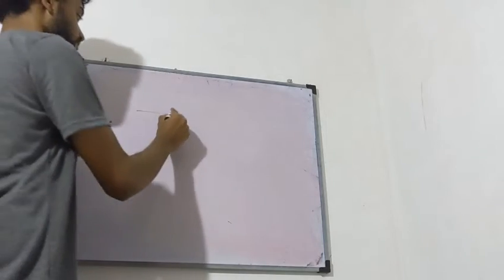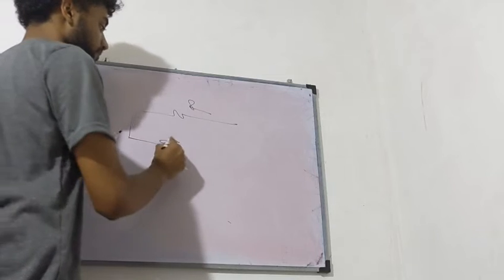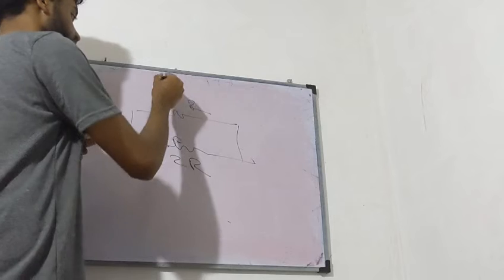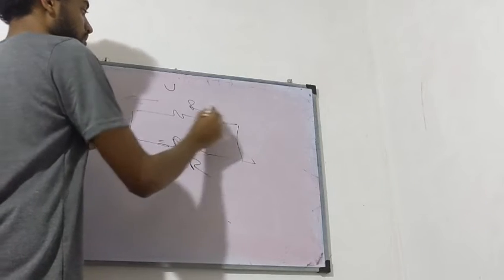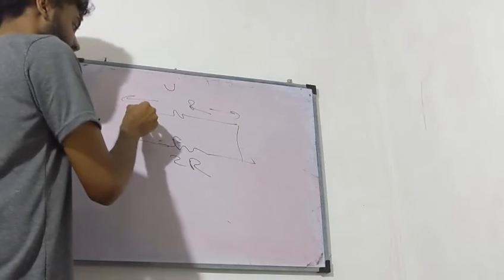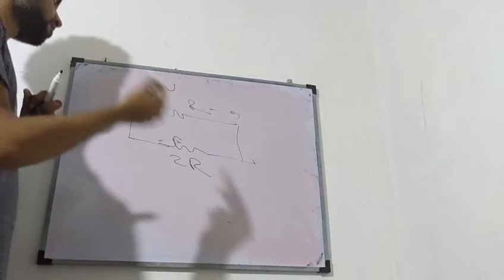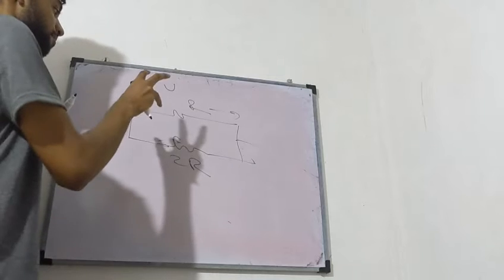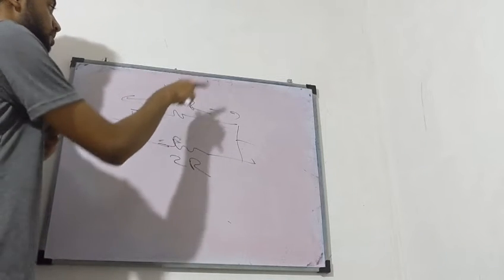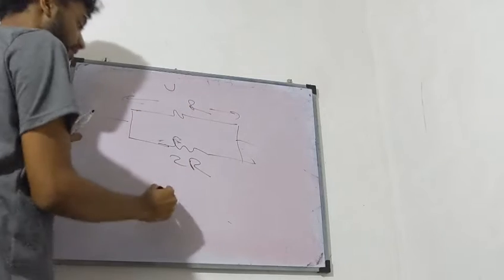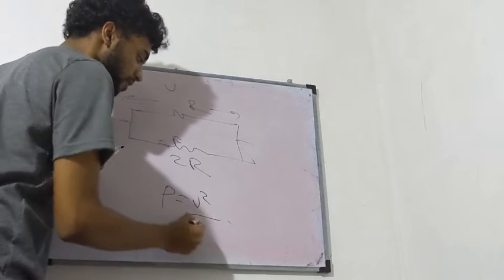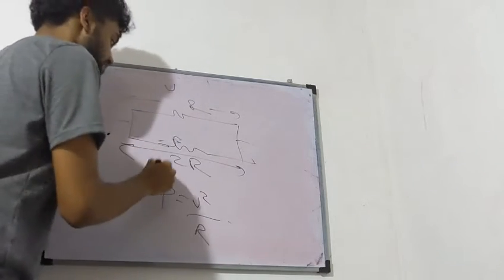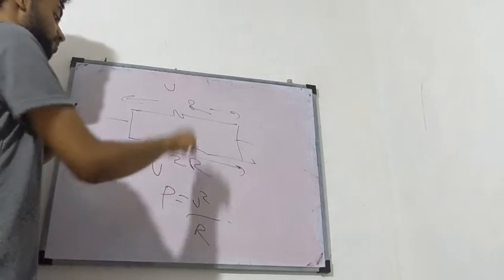Now, another example is when we have the same potential difference across resistors. That is, if I have here R, and here 2R, potential difference is V. But I have no idea about the current. Suppose I have no idea about the current. But then I can use the equation P is equal to what? V squared over R. Can you see that the potential difference is the same for both 2R and R?